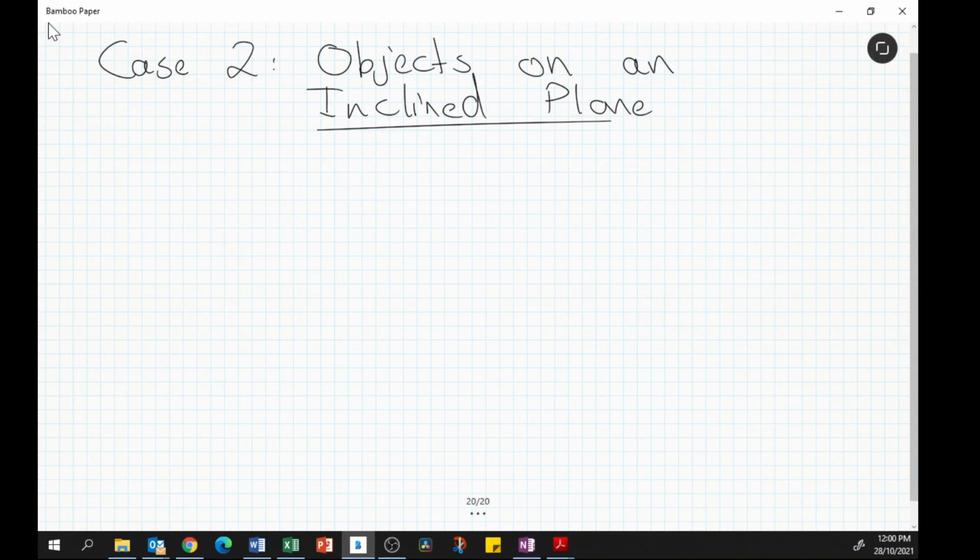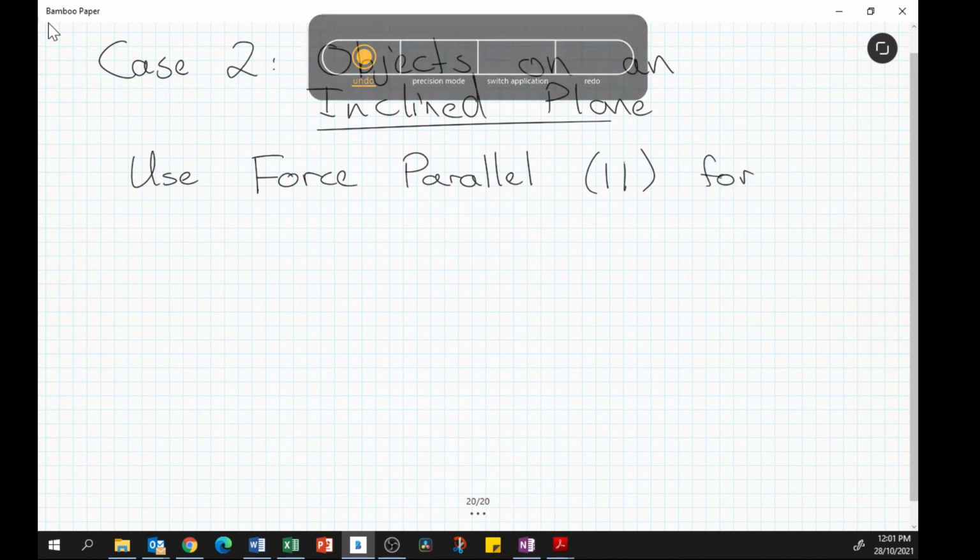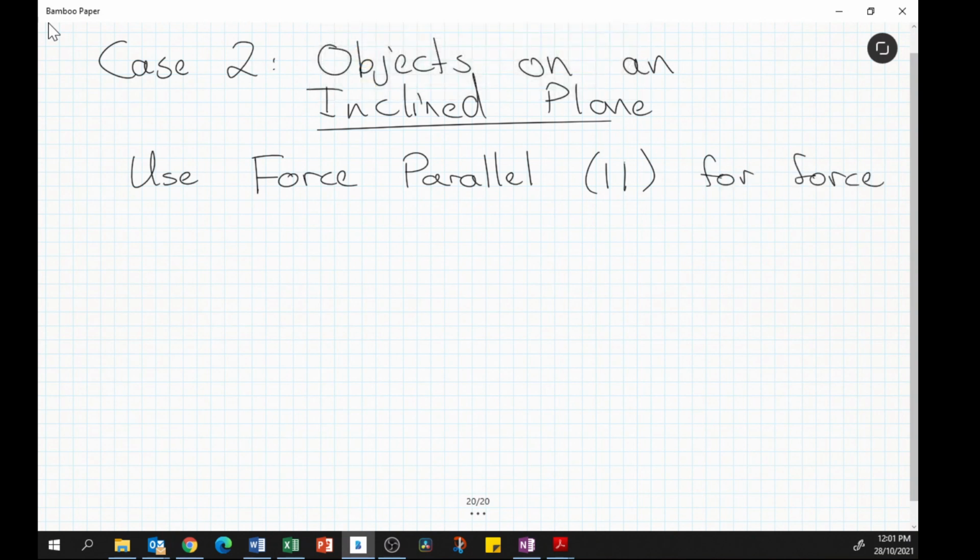So in case 2, objects on an inclined plane, we need to set some notation. We use force parallel, and we use this symbol for forces acting along a plane.